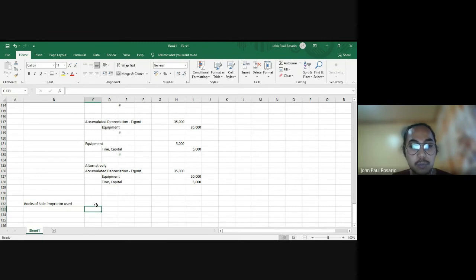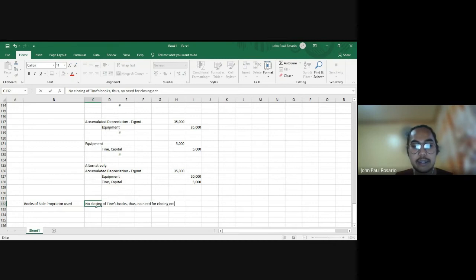So when the books of the sole proprietor is used, no closing entry, no closing of Time's books. Thus, no need for closing entries.